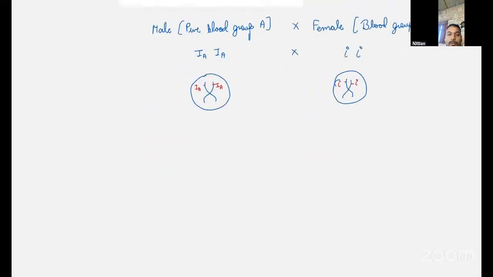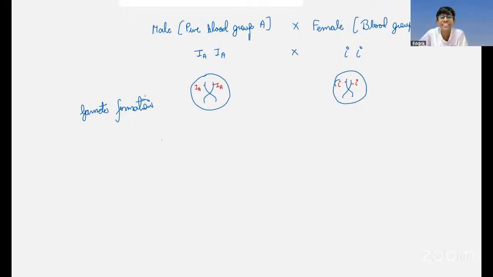Now I told you, during gamete formation, what will happen? The number of chromosomes becomes half. Yes, we learned meiotic division. Like if 46 is there, it will become 23 and 23. The number of chromosomes becomes half. Everyone got my point?